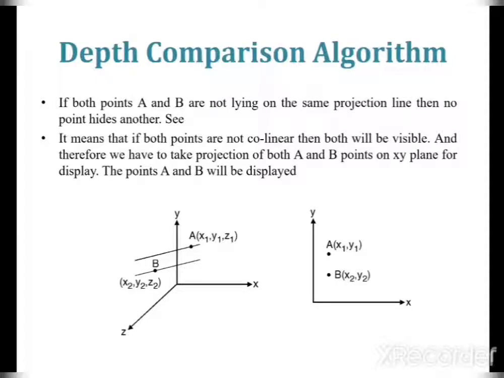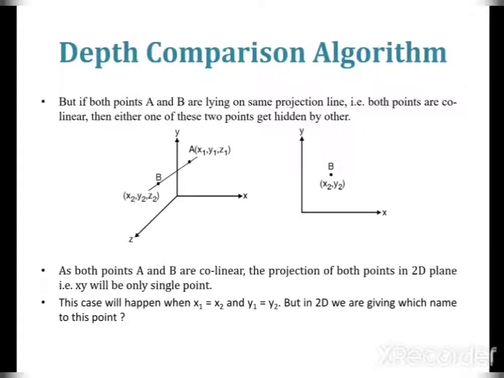So points A and B will be displayed over here. It means if they are not collinear, we project these points on the 2D plane, and after projecting, A becomes x1, y1 by deleting the z coordinate, and B becomes x2, y2 by deleting its z2 coordinate. So A and B will be displayed on this plane. No point will be hiding the other. Here we can see it easily.